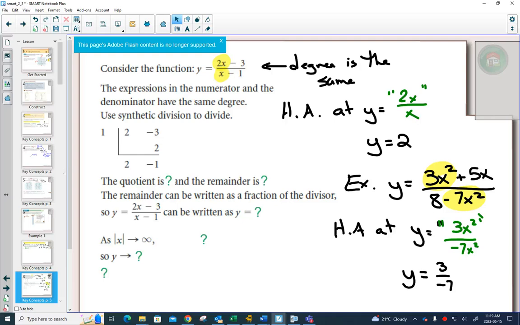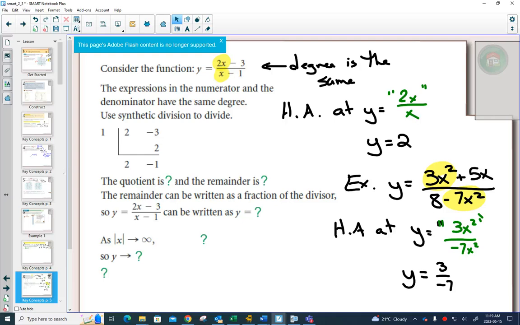So that's the idea here. Again, the textbook actually goes into too much detail. Don't worry about it. Just worry about the shortcut for finding your horizontal asymptote by looking at the largest degree.